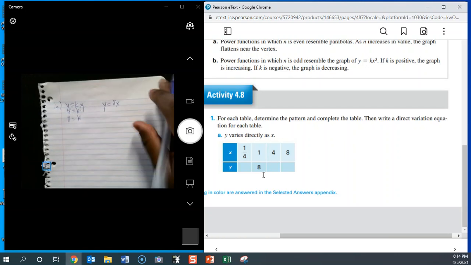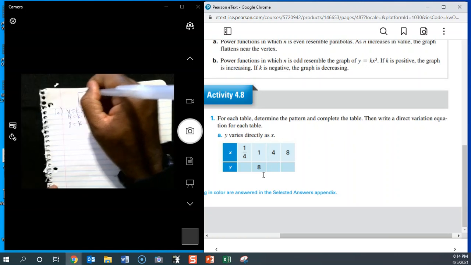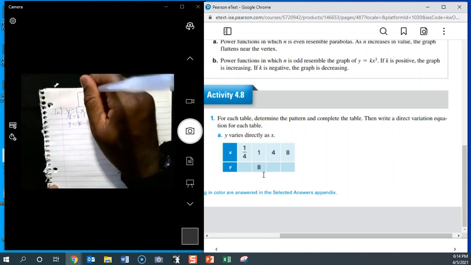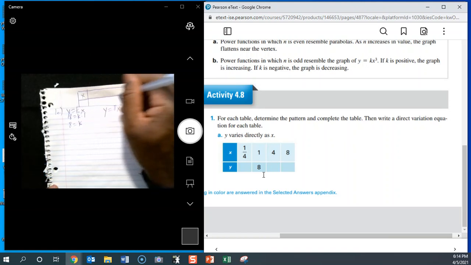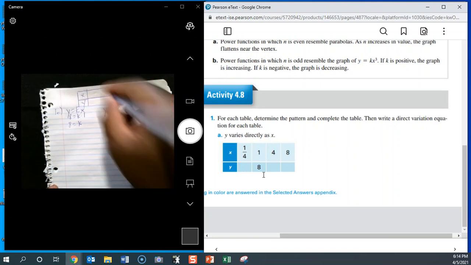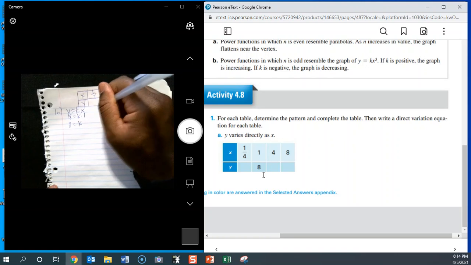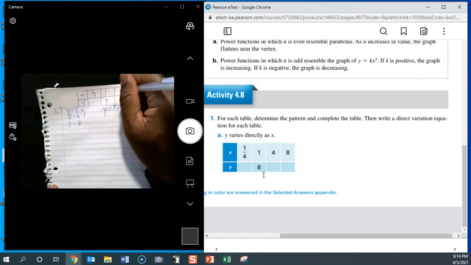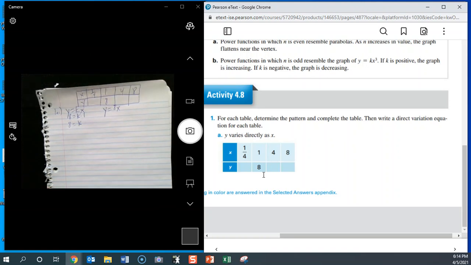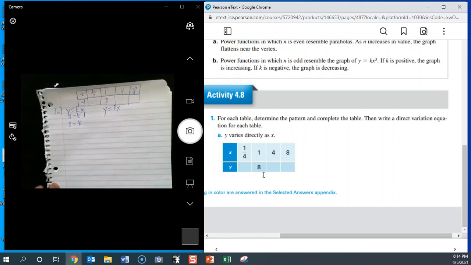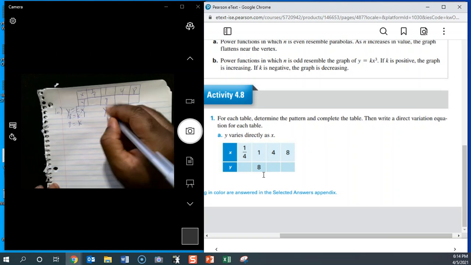So let me draw the table up here. So we have x, we have y, we have 1/4, 1, 4, then 8. All right. So now we would take these x values and put them in for x, and then we can find our y.